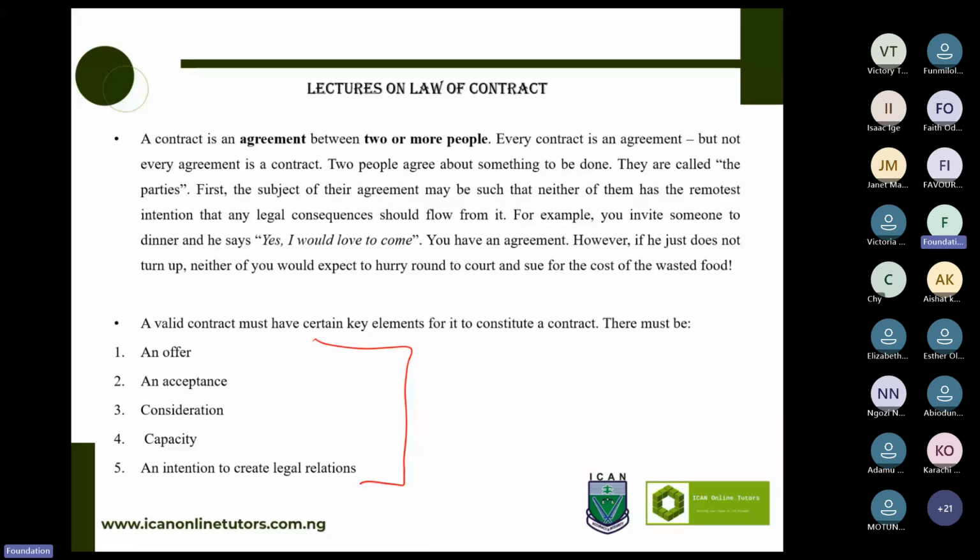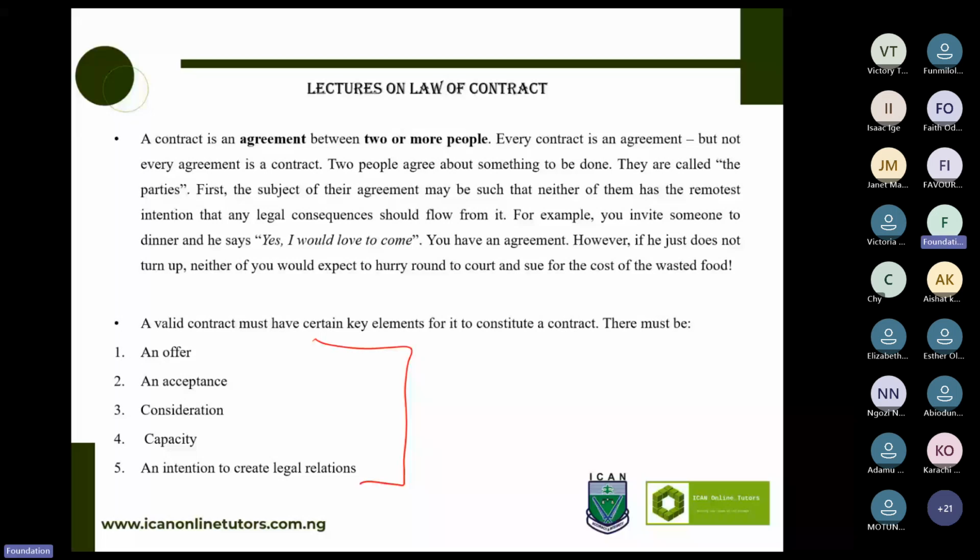Now we are going into another fresh environment. For us to say we have a contract, for us to say agreement constitutes a contract, for us to say an understanding solidifies as a contract, there are certain elements that must be present. We have 5 elements of contract. This is highly examinable.